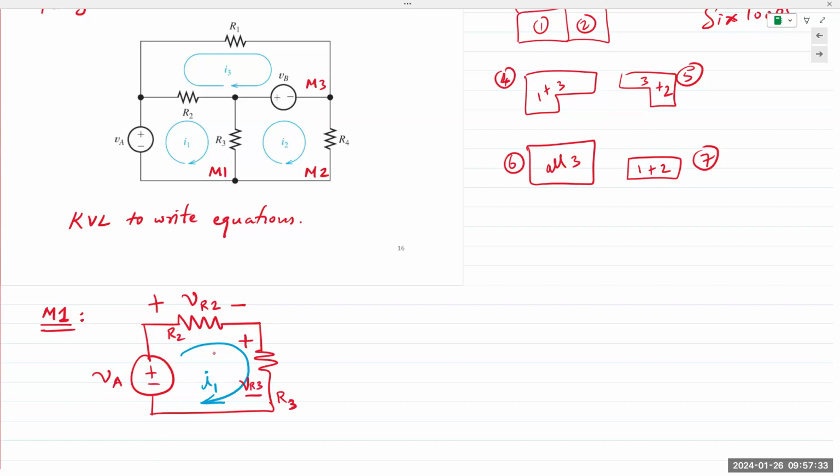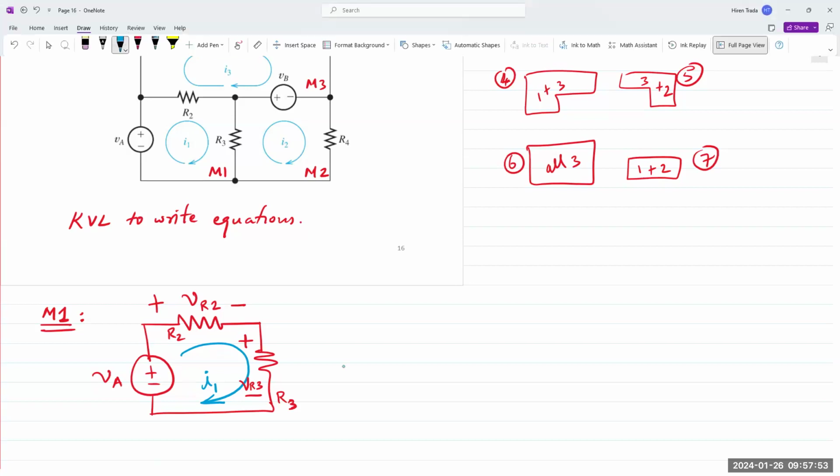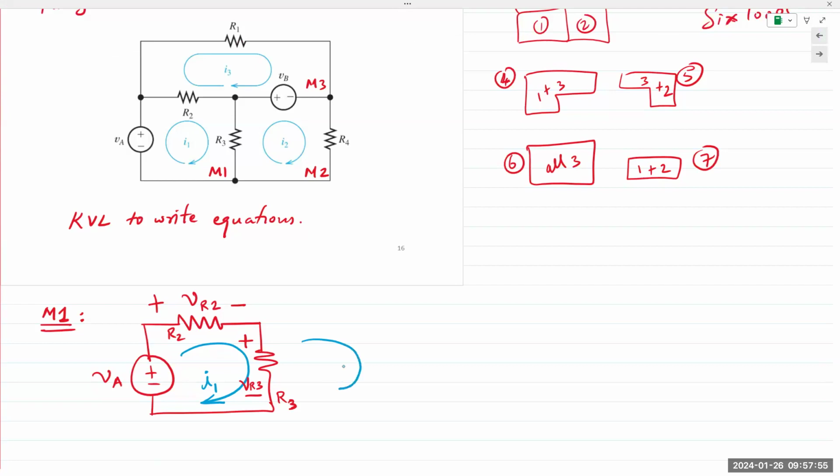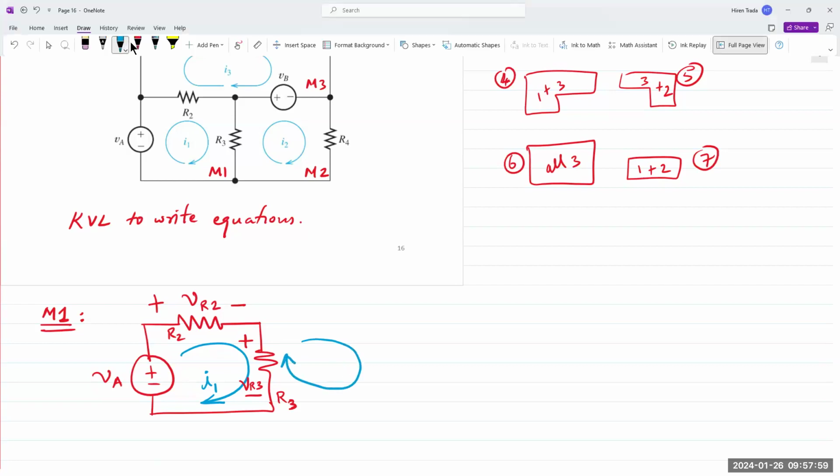However, this is a shared mesh. R3 is common to both M1 and M2. And when you have that, you have to account for the mesh current flowing through R3. If I look at I2, it is also clockwise, and it flows in the opposite direction.